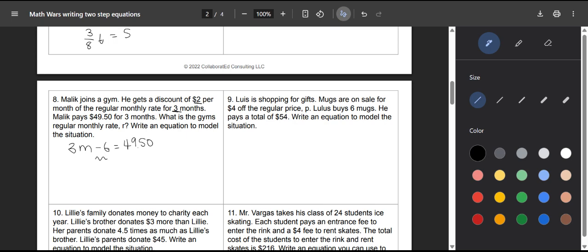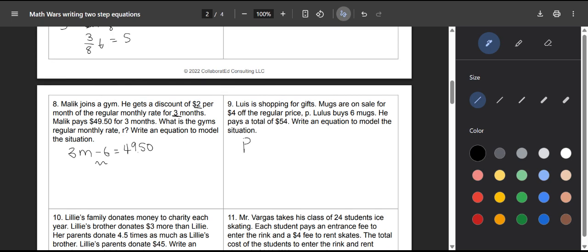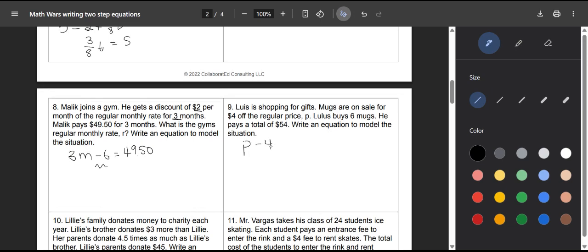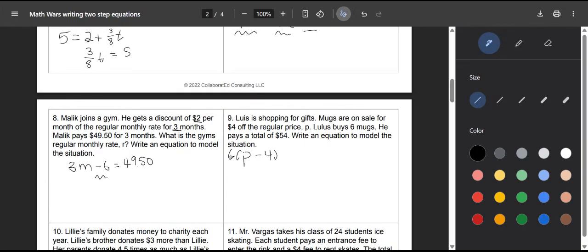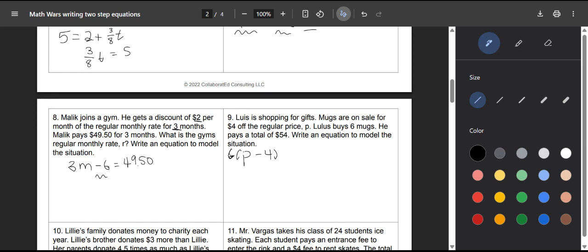So we know mugs are on sale for $4 off the regular price P, so it would be P minus 4. We know he buys 6 mugs, and they are all decreased by that amount. So here is our cost for 6 mugs.